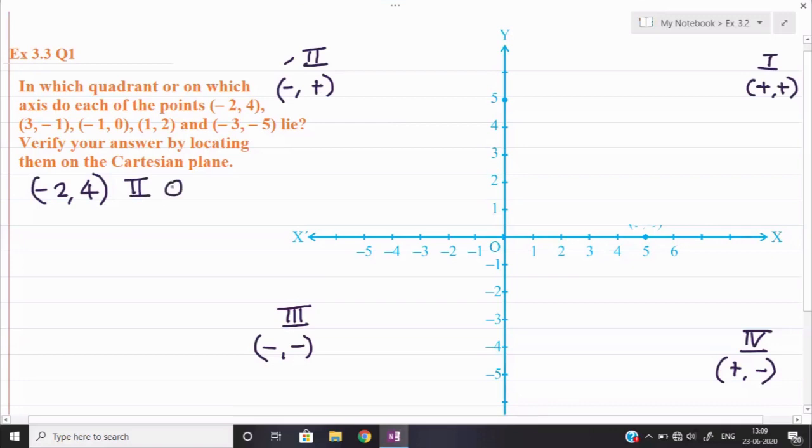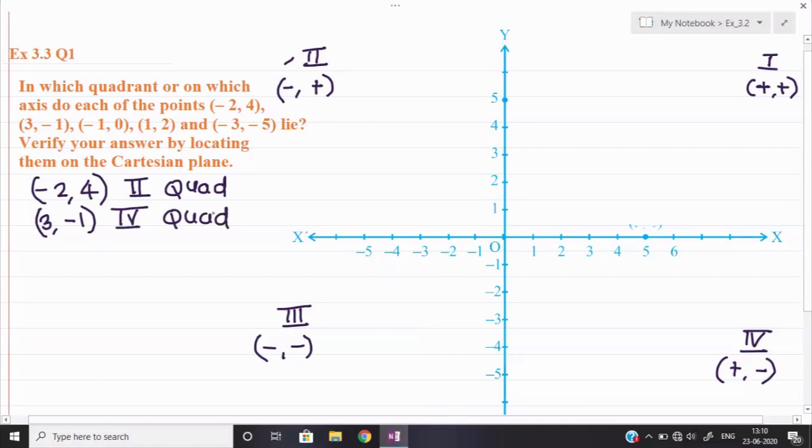Similarly, the second value, 3 comma minus 1. First one is positive and second one is negative. That is in the fourth quadrant. In the fourth quadrant you observe, the first one is positive and the second one is negative. So here the answer is fourth quadrant.